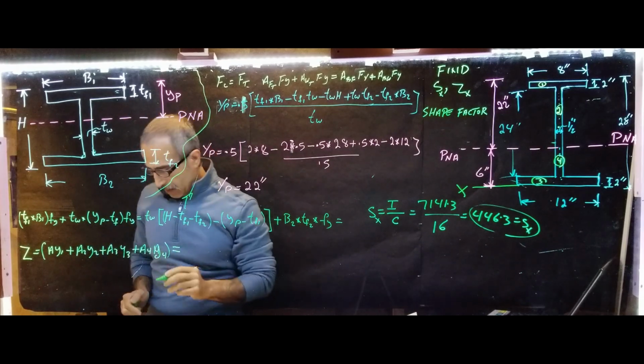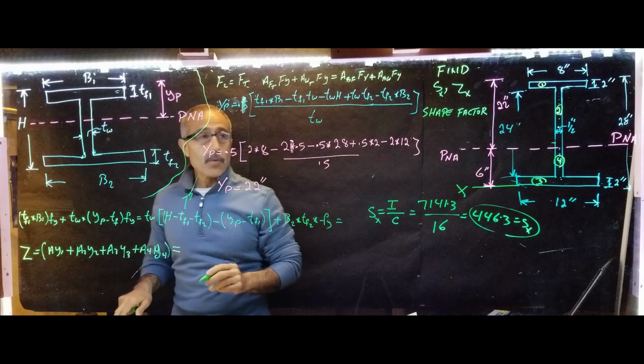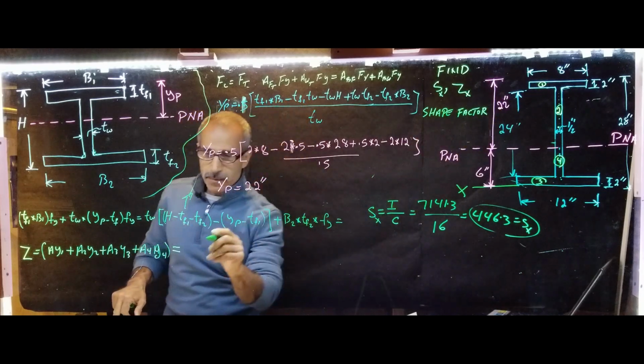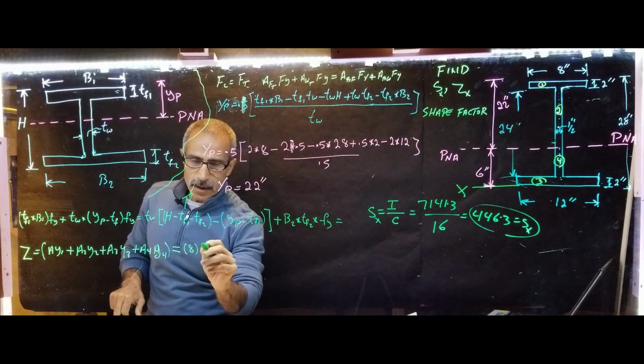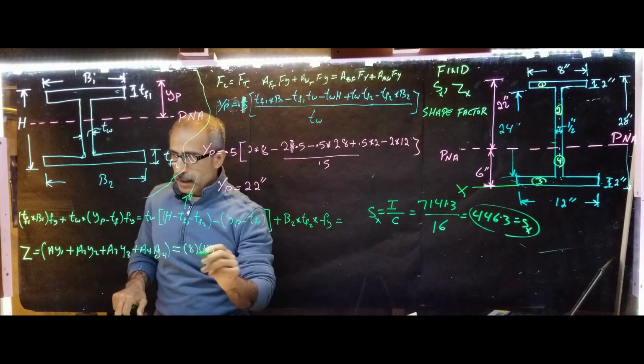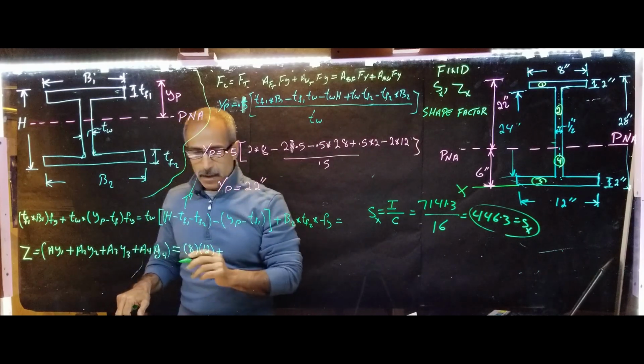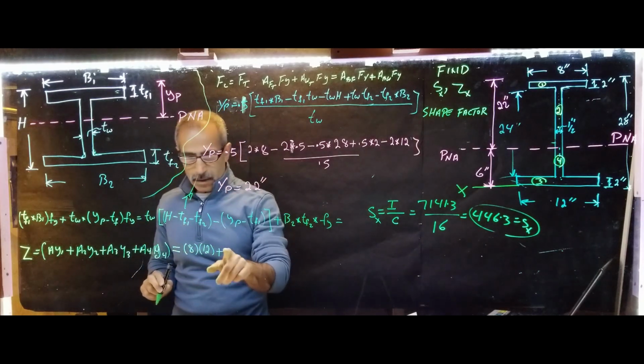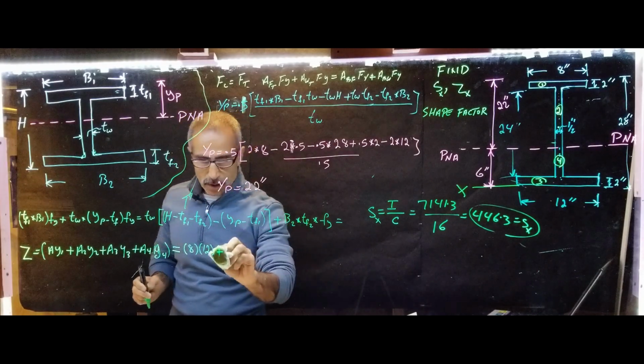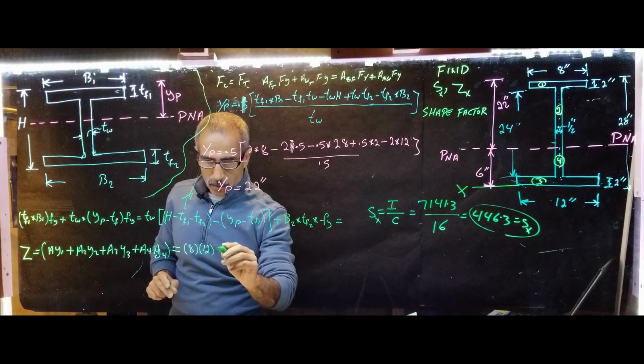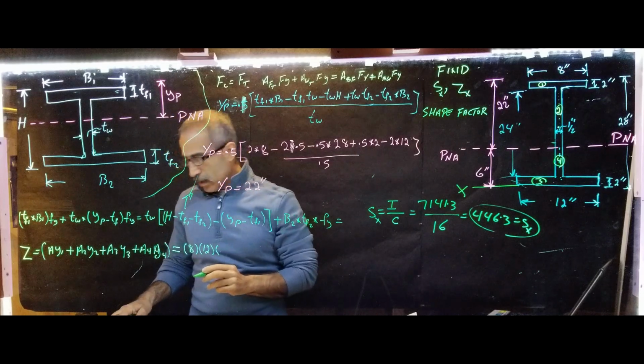Let's do that. A1 is 8 times 12, right? So I've got 8 times 12, then times y1. y1 is 21 inches.